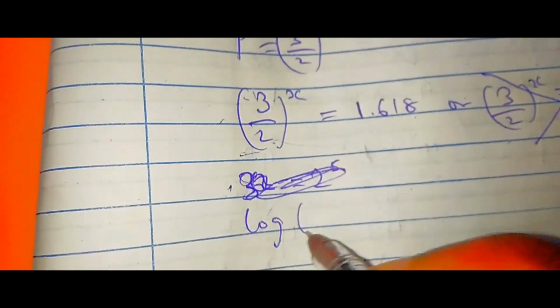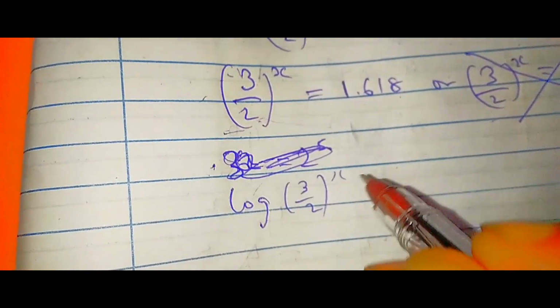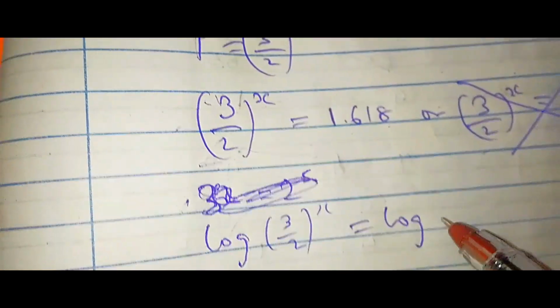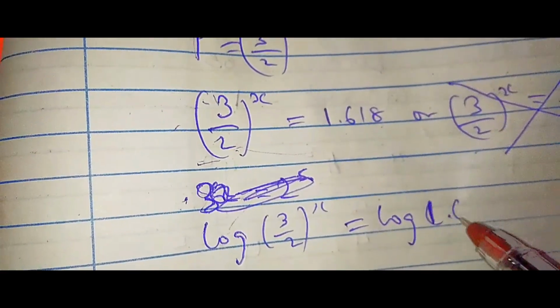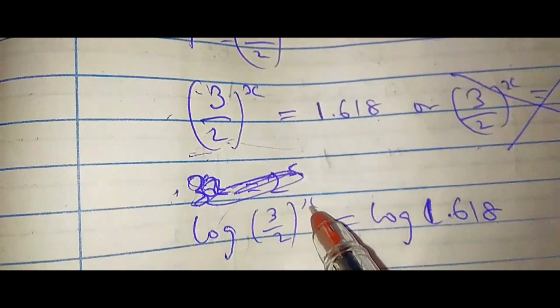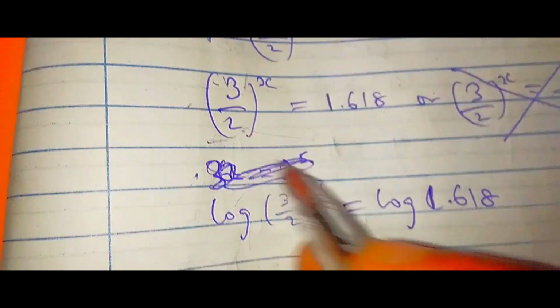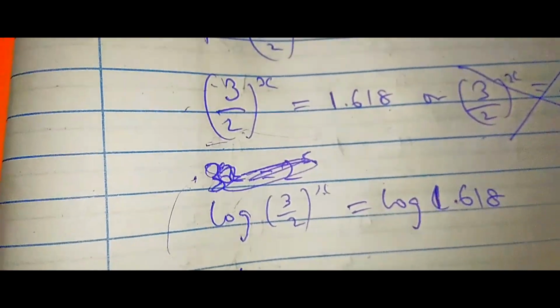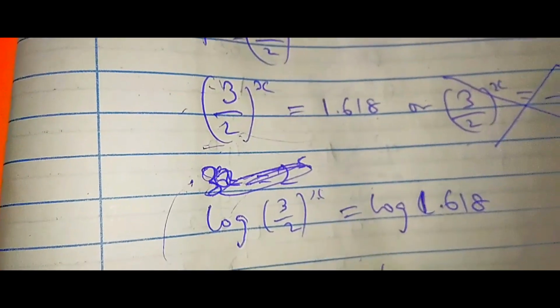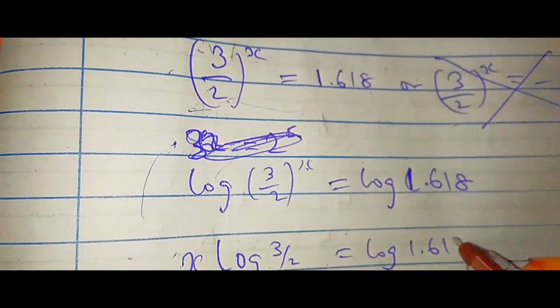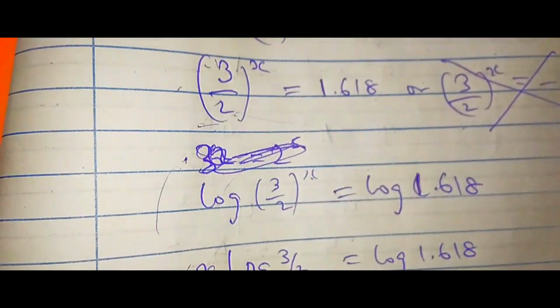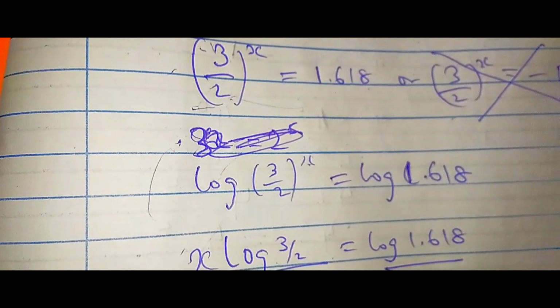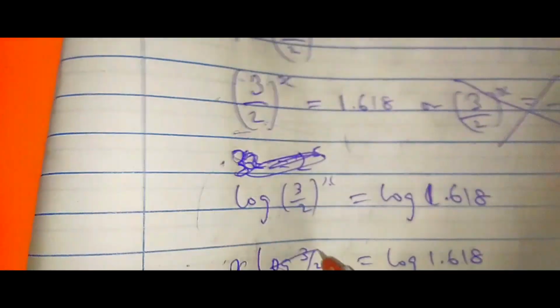So it will now be log of 3 over 2 raised to x is equals to log 1.618. According to the law of logarithm, we bring this x to the front. So it will be x log 3 over 2 is equals to log 1.618. Divide both sides by log 3 over 2. Log 3 over 2 cancel.